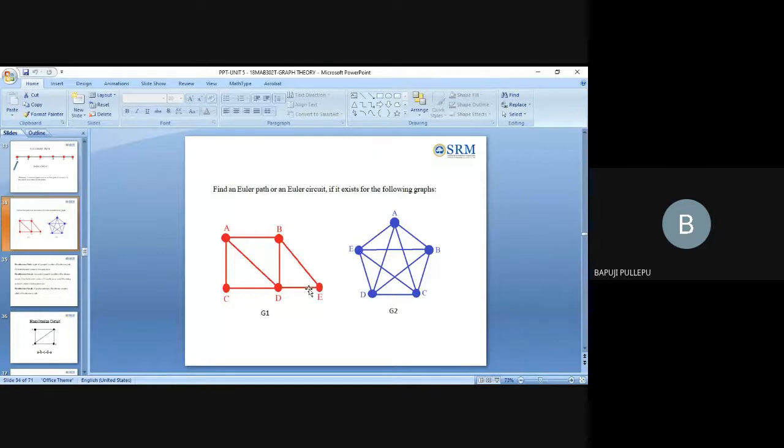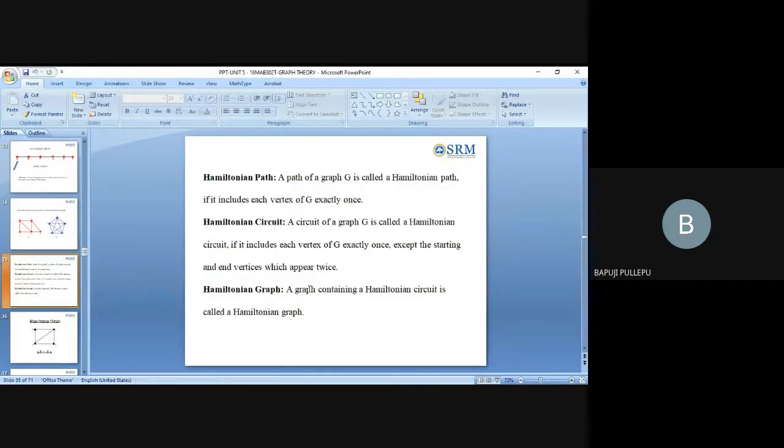Then you can check. Then the Hamilton path. A path of a graph G is called a Hamilton path if it includes each vertex of G exactly once. A Hamilton circuit is a circuit of graph G that includes each vertex of G exactly once, except the starting and end vertices which appear twice. A Hamilton graph is a graph containing a Hamilton circuit. Just note this down fast.